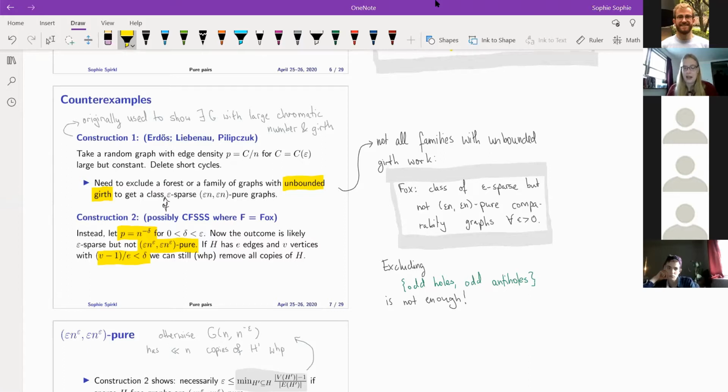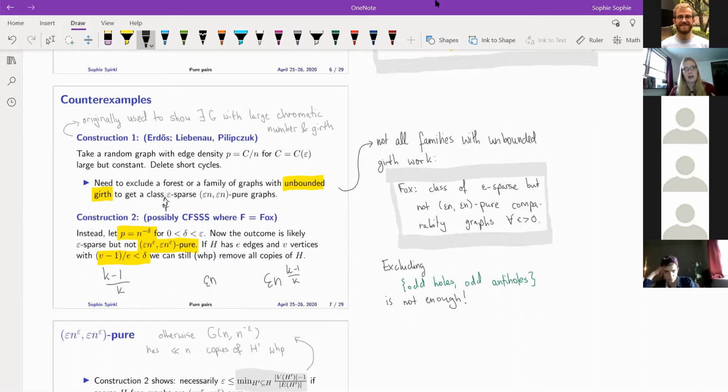And it shows you that if we just exclude one graph H, then the size of the pure pair we can still hope for depends on the sort of densest induced subgraph of H. But in particular, if you have a cycle of length k, then you shouldn't hope for epsilon n. In fact, you should hope for something that's at most epsilon n to the (k minus 1) over k for the size of your pure pair.